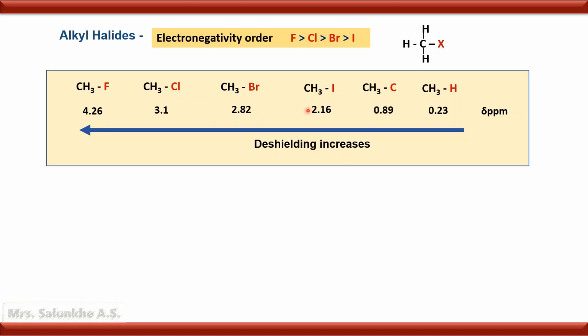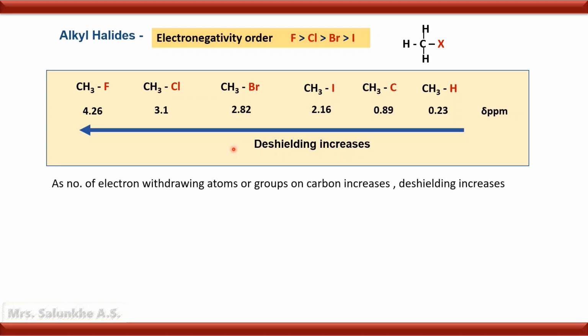That is, from methyl iodide to methyl fluoride, chemical shift value increases because electronegativity of the halogen atom increases from iodine to fluorine. And as electronegativity increases, de-shielding of proton increases and chemical shift value increases. This is in case of alkyl halides.